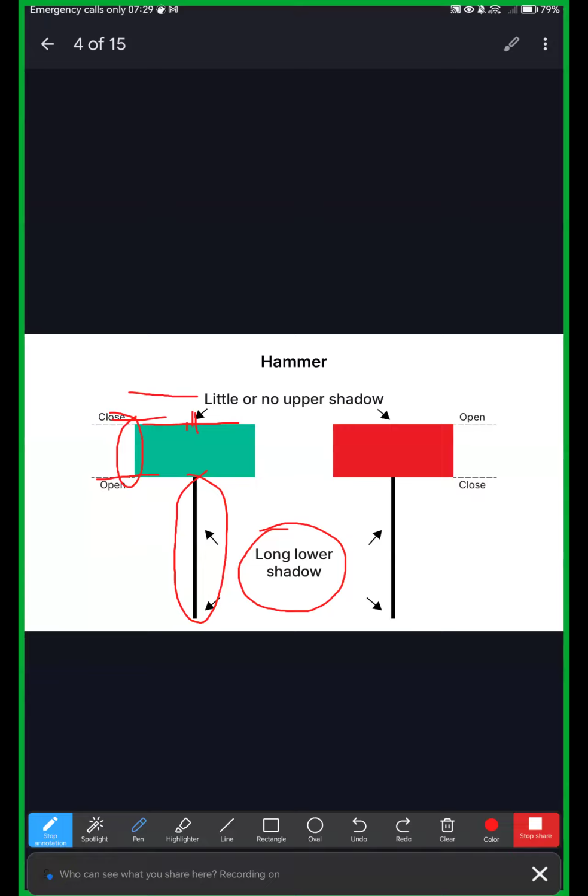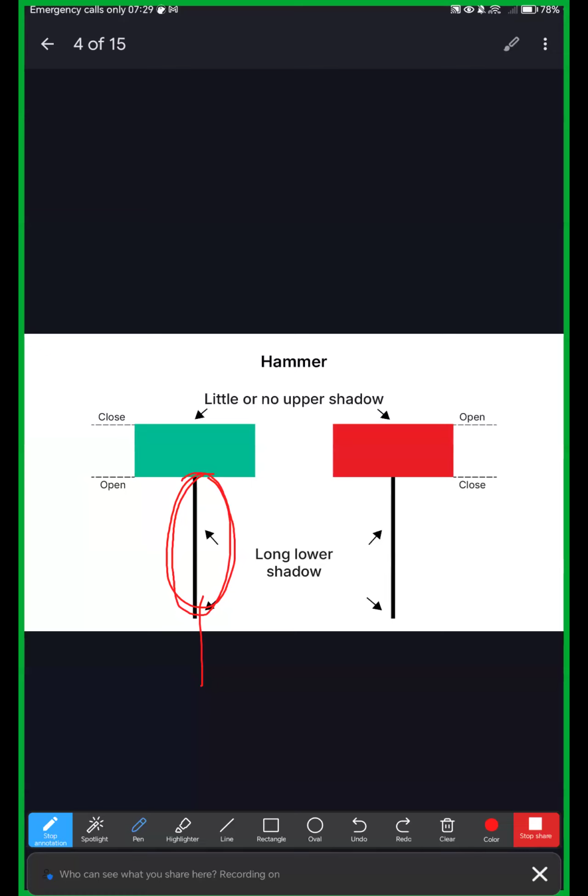Buyers. Remember, sellers had the intention to push the price further down to this lowest part. Now, the presence of this long lower shadow signifies that buyers are rejecting the price to continue going down. So there is a rejection of selling pressure here by buyers. That's why you see the presence of the long lower shadow.